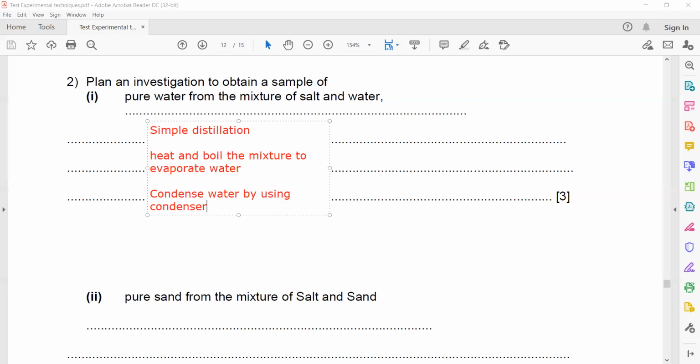So basically we are using simple distillation, the technique. We will heat, the water will evaporate, and then the vapors of the water are condensed by using a condenser.